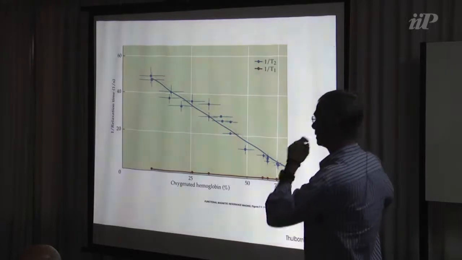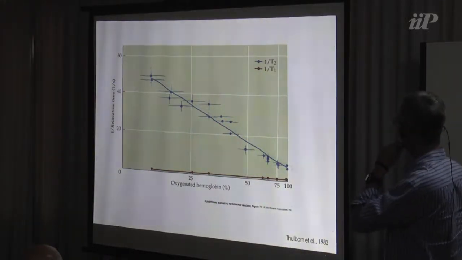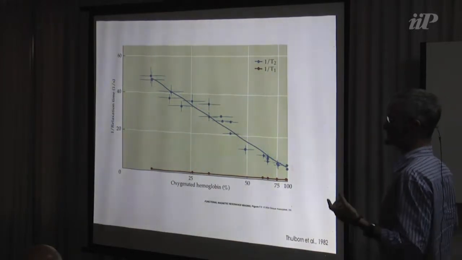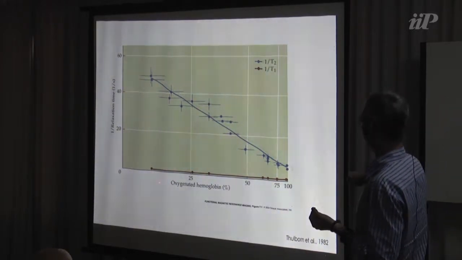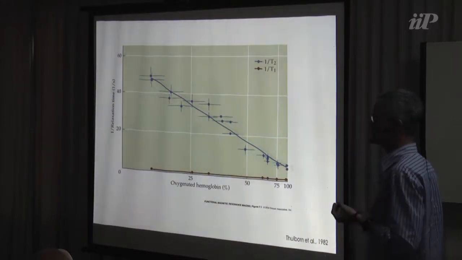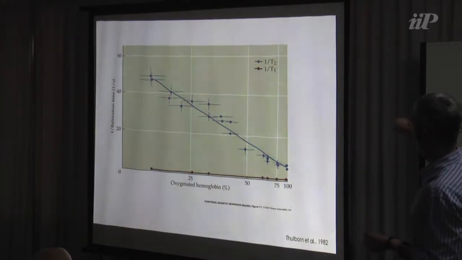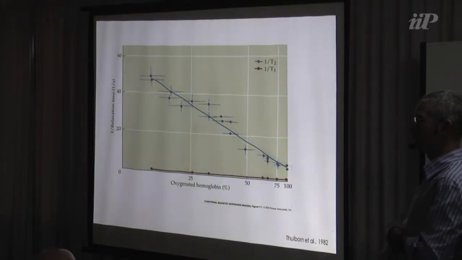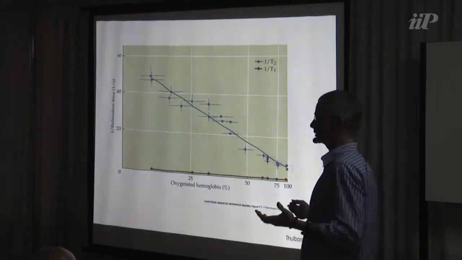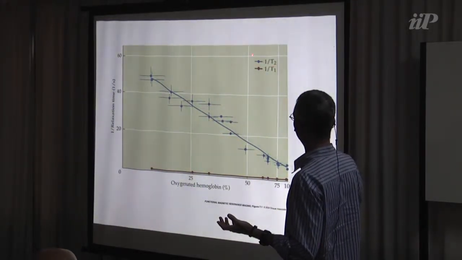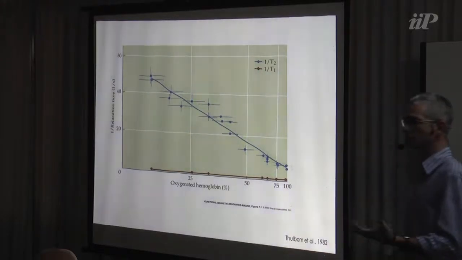This was an experiment where they placed different blood samples with different concentrations of oxyhemoglobin. What you see here in blue and in red, I want you to focus on the blue line. This is an MRI physical property that you use when you're constructing your image.